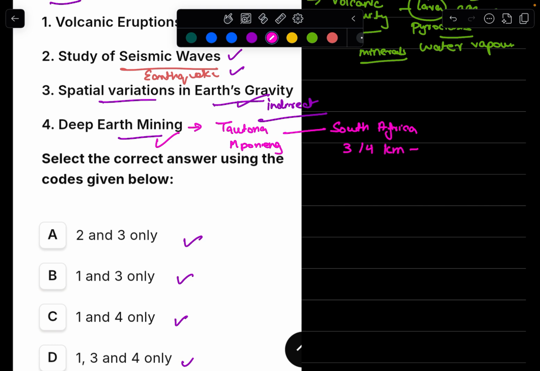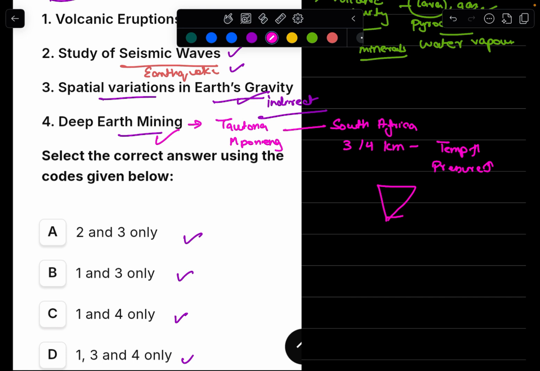However, we cannot go much deeper because as we reach downwards, temperature starts increasing. Temperature goes up, pressure also goes up. As we move downwards, more and more temperature will go up. That means by the time we reach the core, it could go as far as 6000 degrees Celsius. So this is an indirect approximation.